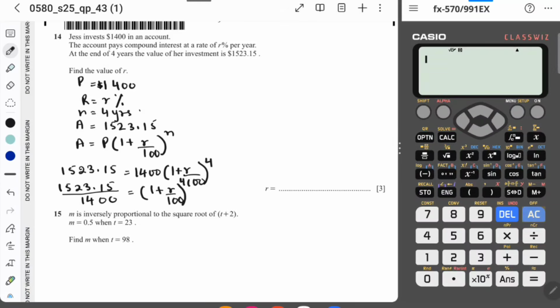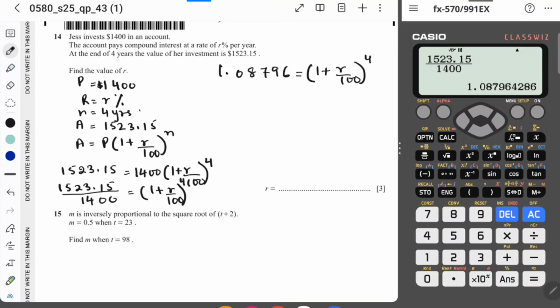Alright, now this is 1,523.15 and then divided by 1,400. That is equal to 1.08796. Okay, 1.08796 is equal to 1 plus R upon 100 to the power of 4.